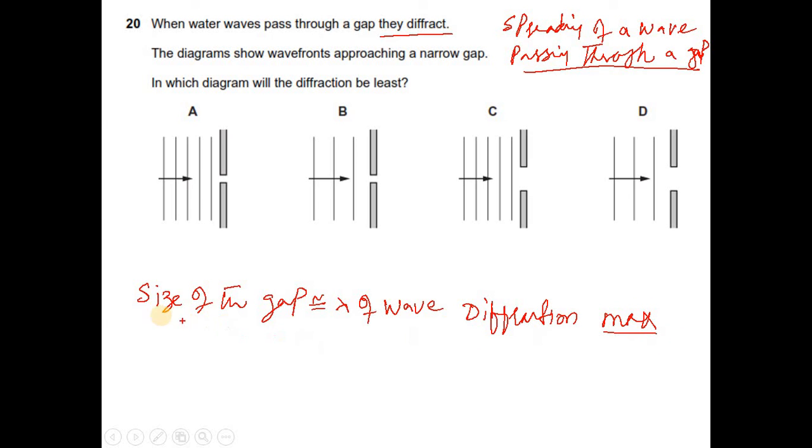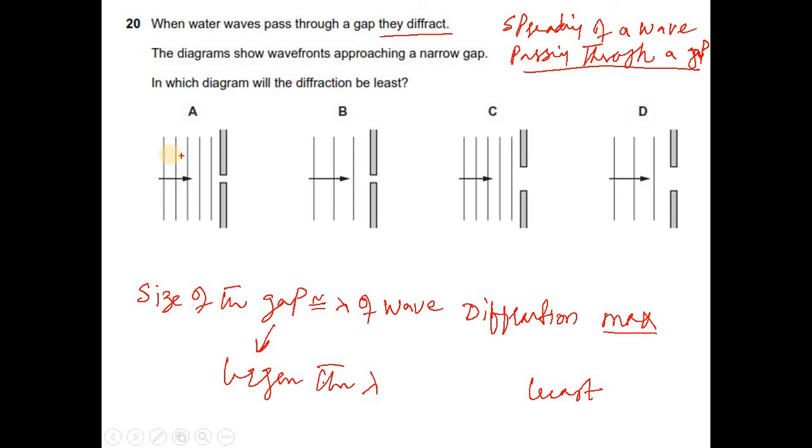But if the gap is larger than the wavelength, diffraction will be least. So in this question you need to see in which diagram the gap size is greater than the wavelength.